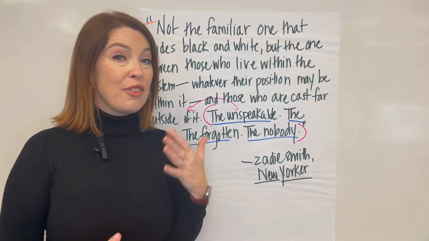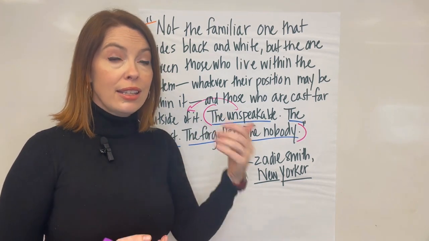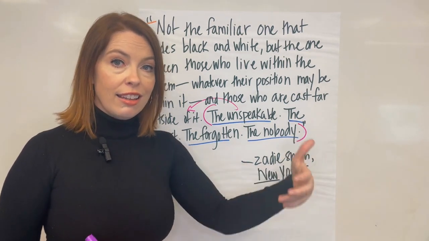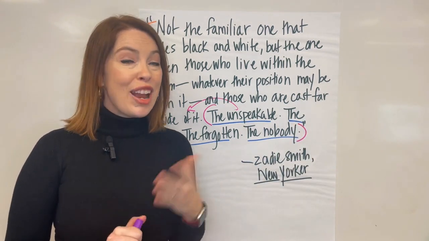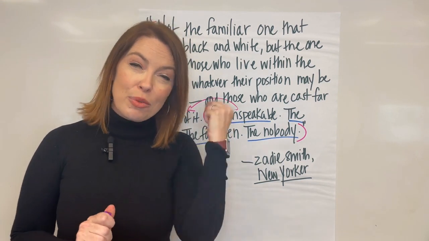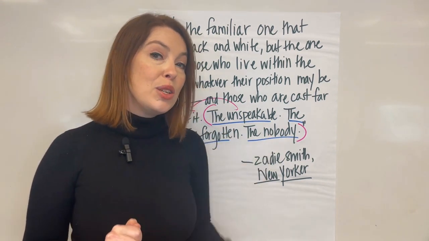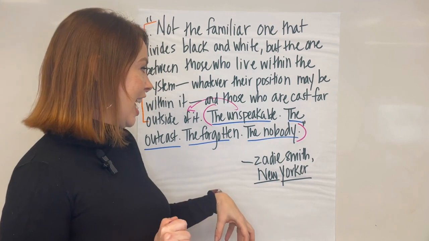It also creates that rhythm that you hear when I read it. Da-da, da-da, da-da, da-da, right? And writers just like that. Readers like that. Readers like to hear that rhythmic music of language in their head.